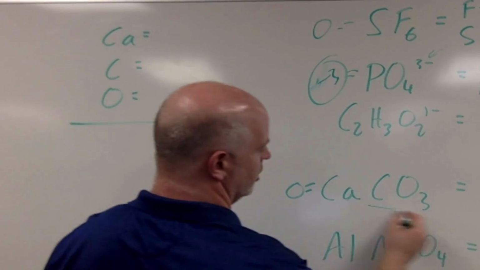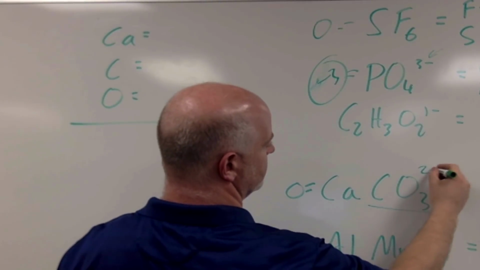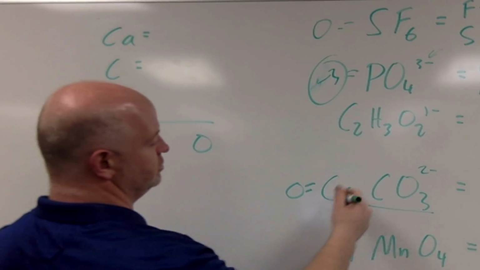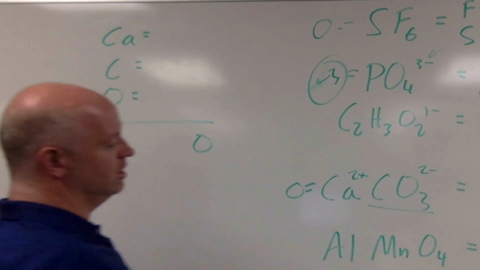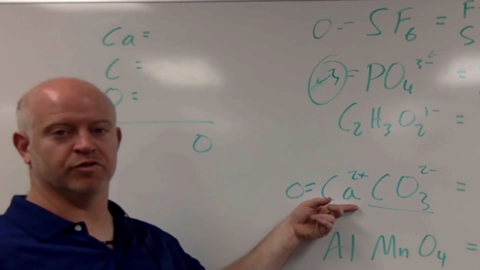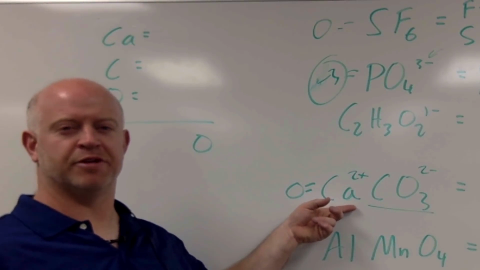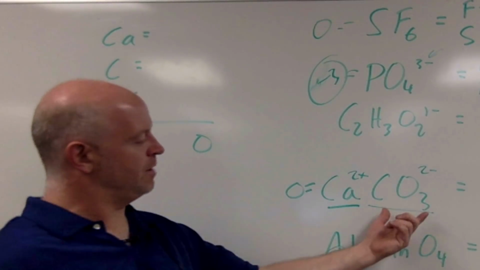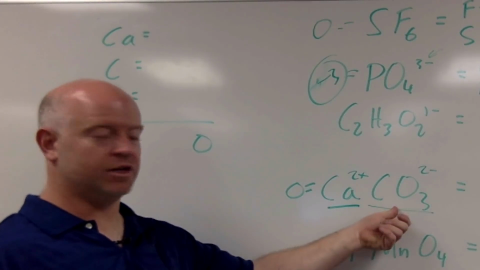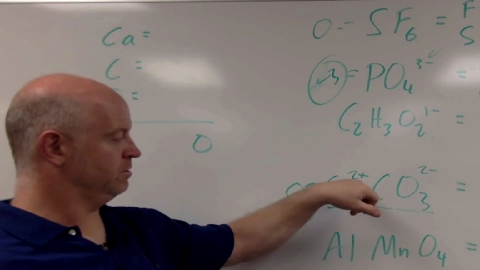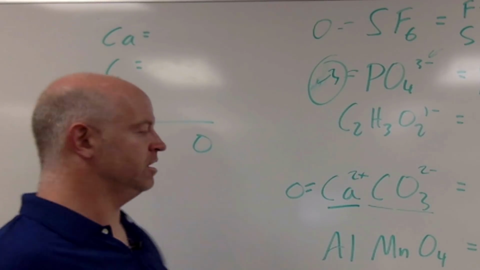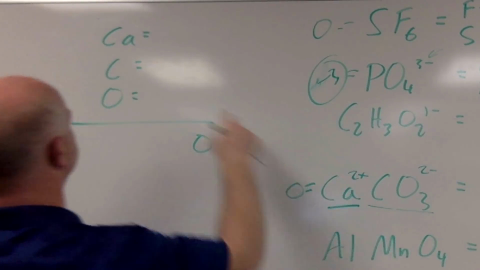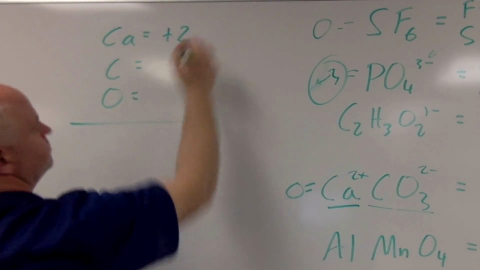However, we have carbonate here, which we know is a -2 total for its polyatomic ion, which means calcium has to be a 2+ for the metal. Okay, so if we go back to our rule number 2, where we have a metal with a polyatomic, so basically we have an ionic compound again. When you have an ionic compound, that charge holds for its oxidation state. So we know, because it's an ionic compound, that calcium is going to be a +2.